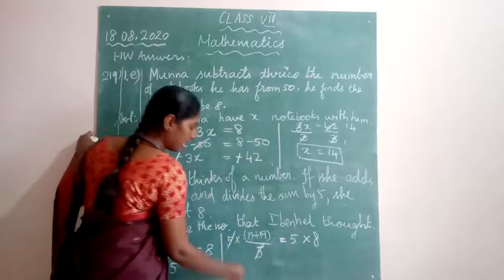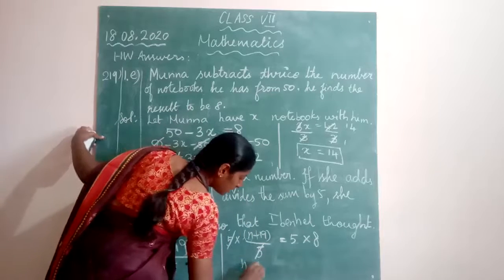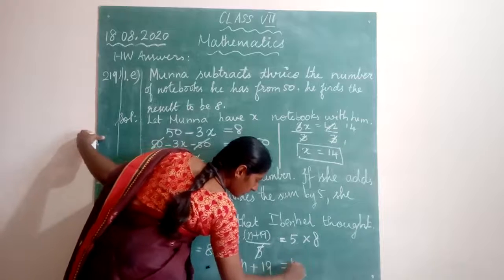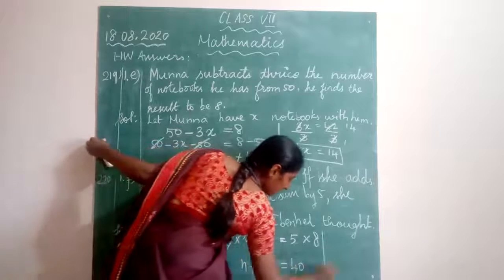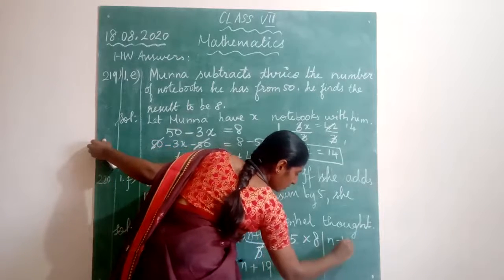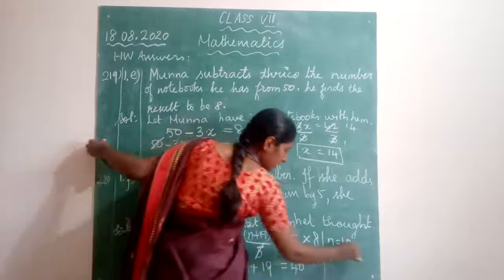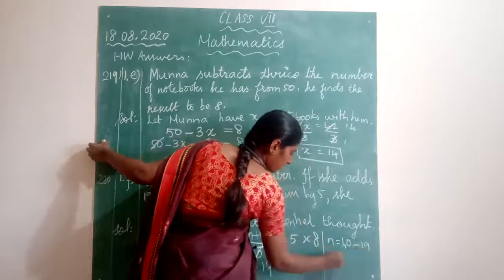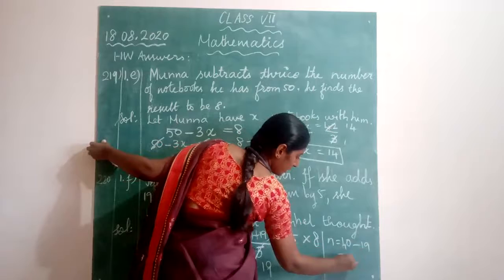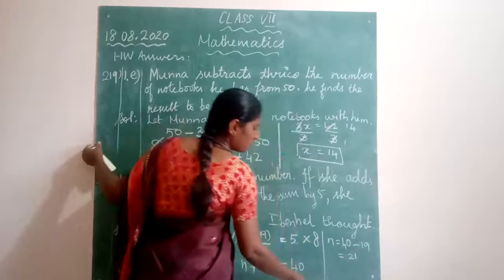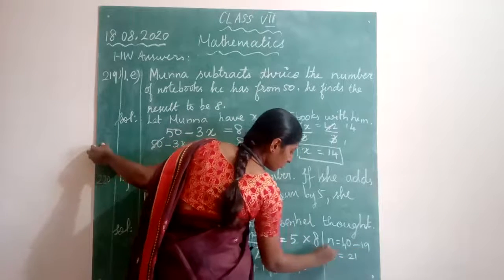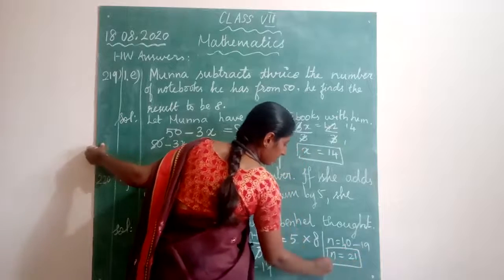Then you will have n plus 19 is equal to 40. Okay. Then n is equal to 40, transpose 19. So minus 19. So what is the answer then? 21. n is equal to 21. Is it clear?